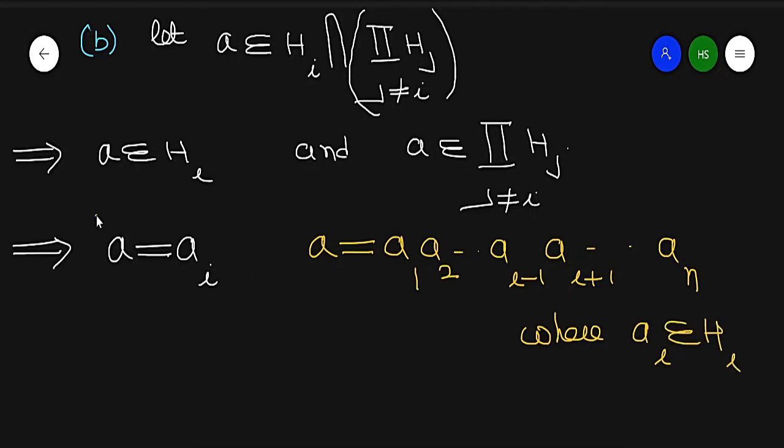So here it is the ith term. So here in the product are all terms except the ith term. So we get these values.